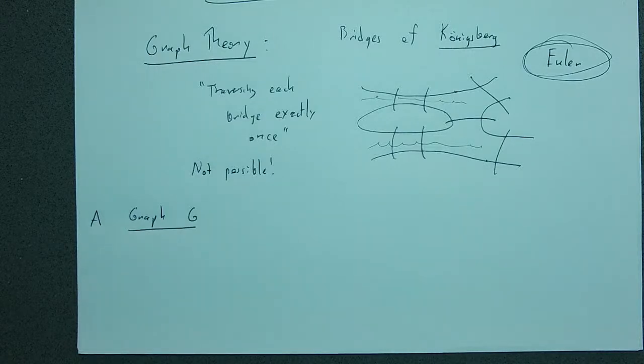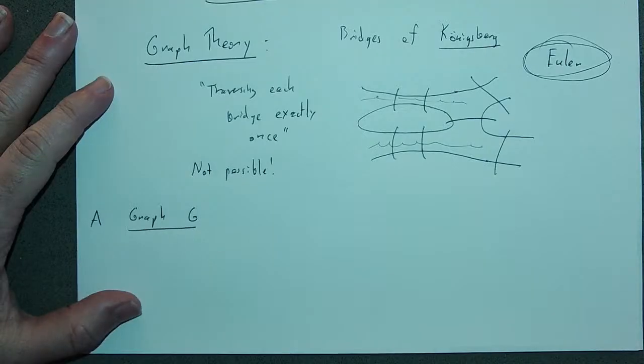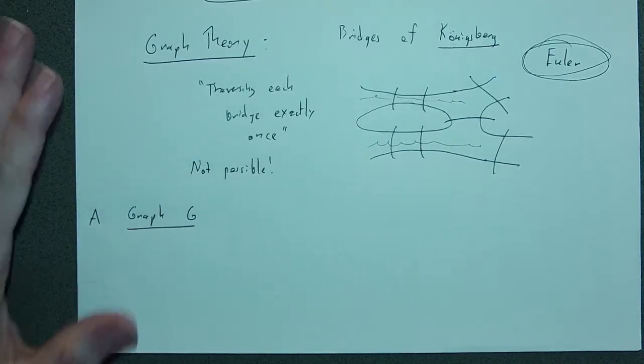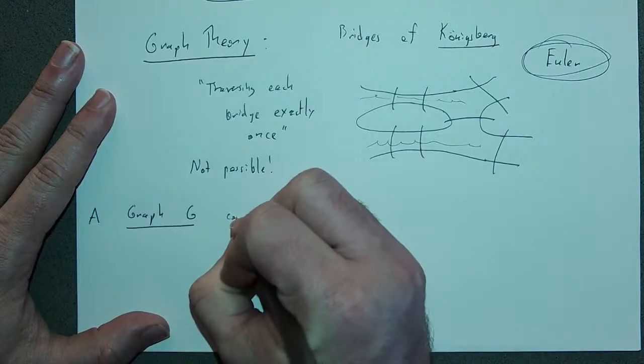In the case of a group, it is a set, and then a binary operation that satisfies certain properties that make the thing a group. Same is true for ring and field, although you have multiple binary operations in those cases. But a graph G consists of two sets.